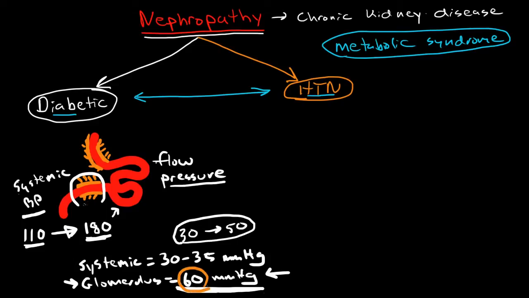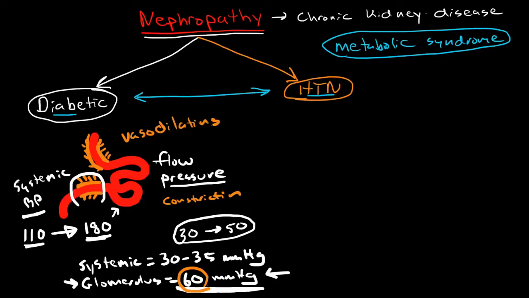We can decrease the amount of pressure that is transmitted into the glomerulus, or the pressure change that's transmitted into the glomerulus, by vasoconstricting the afferent arteriole and or vasodilating the efferent arteriole.